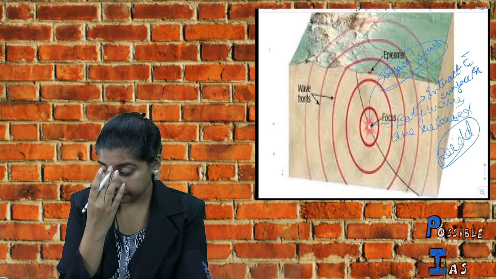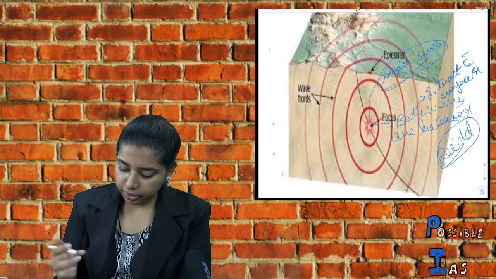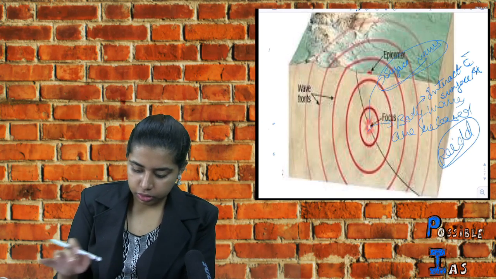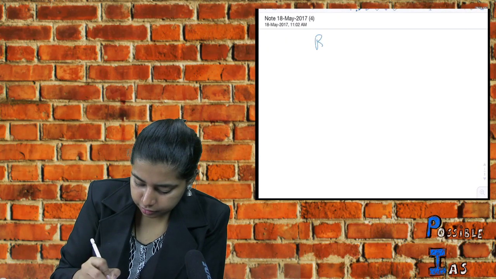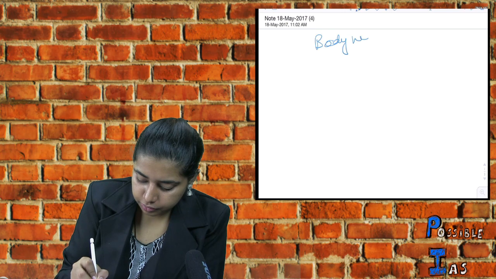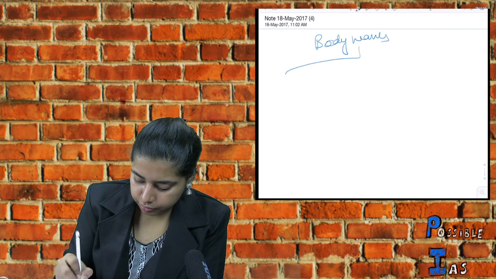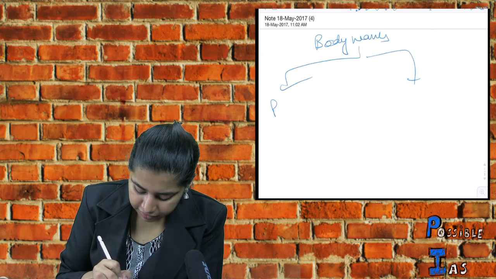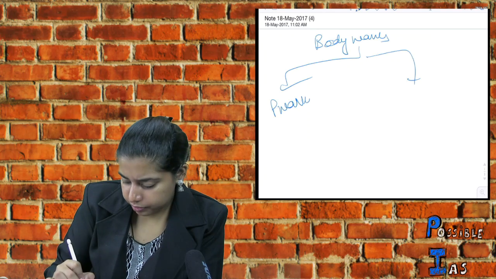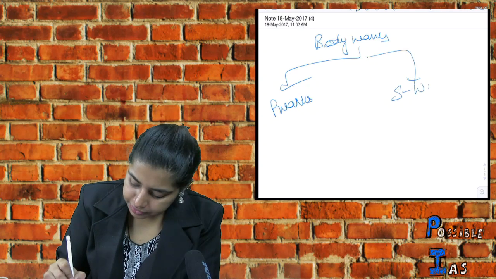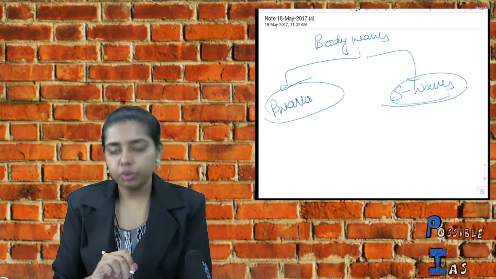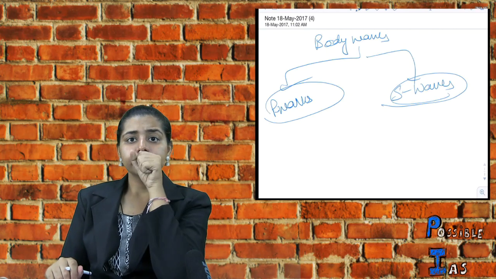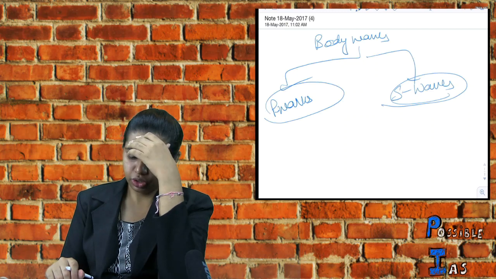Okay, so now body waves are of two types, P waves and S waves. So these are the two types of body waves that are very useful to us in studying the structure of the earth.